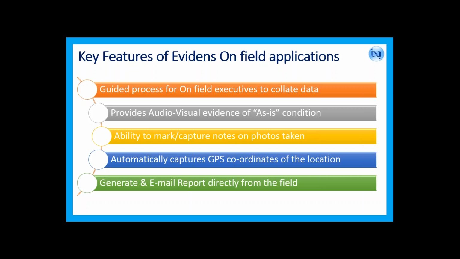Another beauty of the system is the ability to configure and generate an email report directly from the field. You can have a template, create a report based on the data collected, and send it to someone through email, or send it back to Evidens Sky for you to view the report.